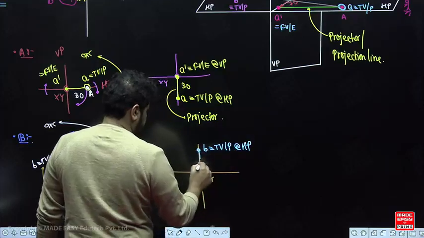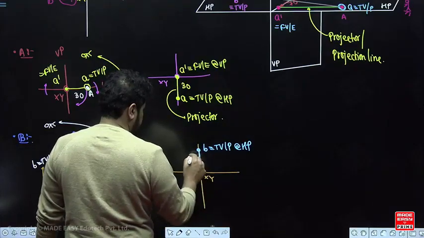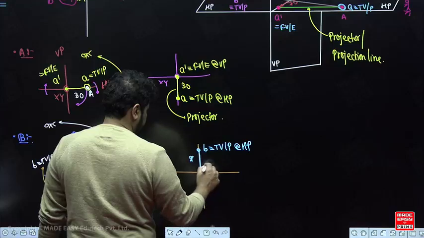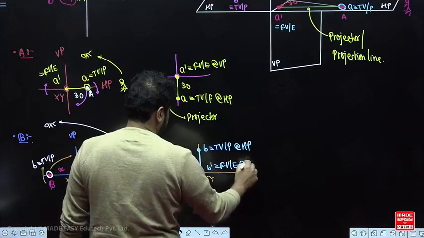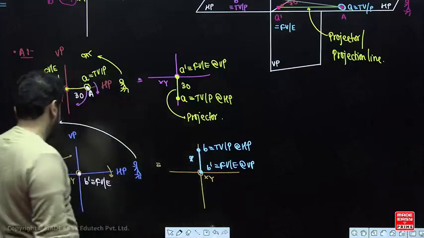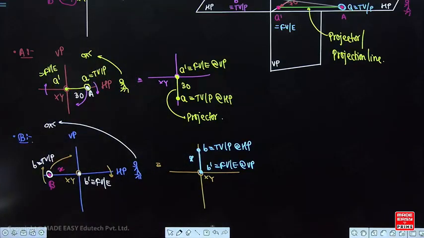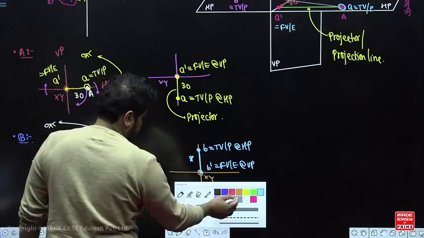So this is at a distance X, and this point is your B dash, which is the front view or elevation, which is obtained at VP, isn't it? Fine. So this is the projection, right, and this X is nothing but your projector.